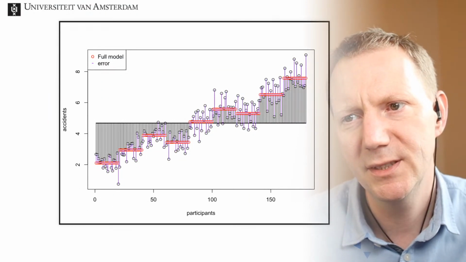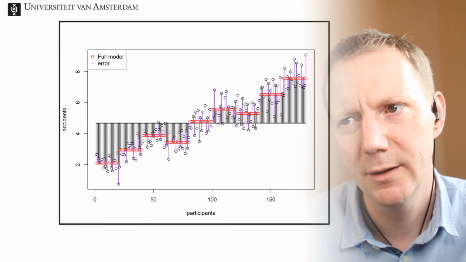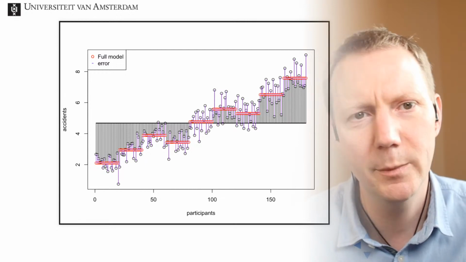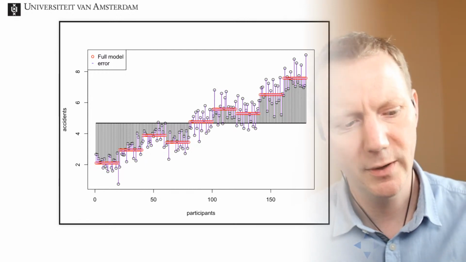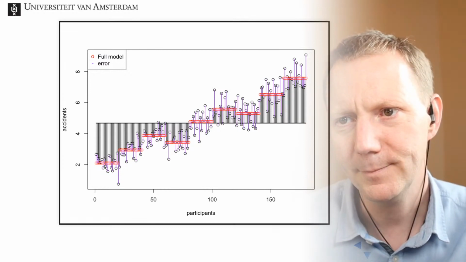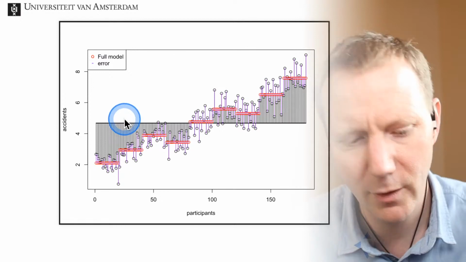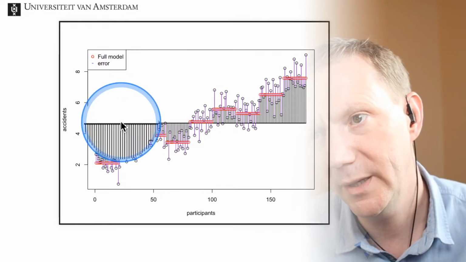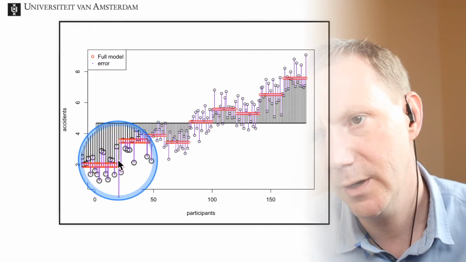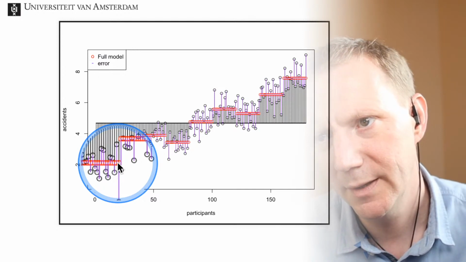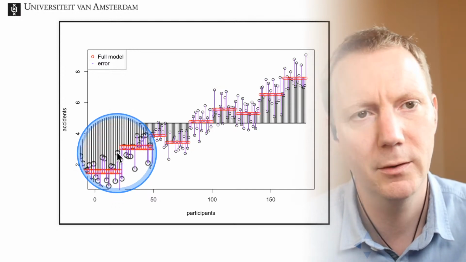Visually, this is also clear, right? If you have an explained part of the model, you also have an unexplained part. So if the explained part is the part from going from the total mean that you have to the mean within the group, then the unexplained part is then what's left.